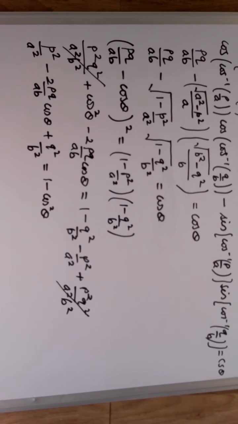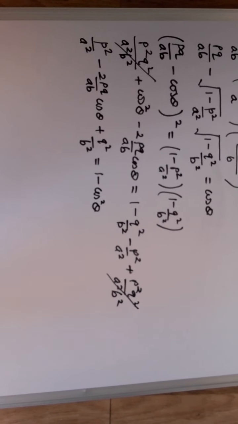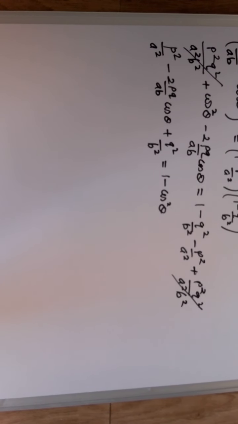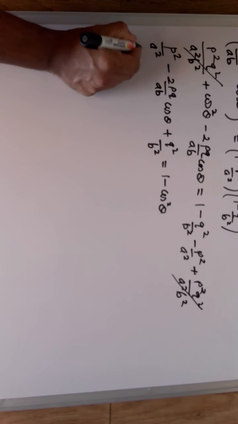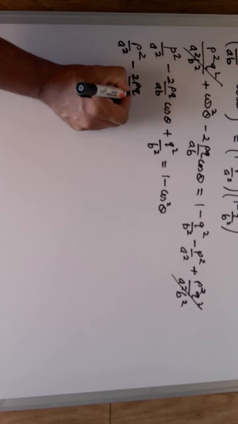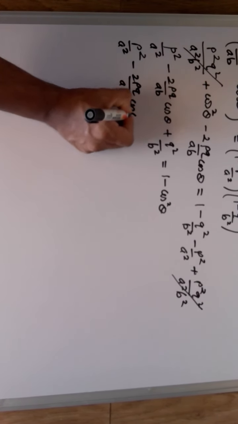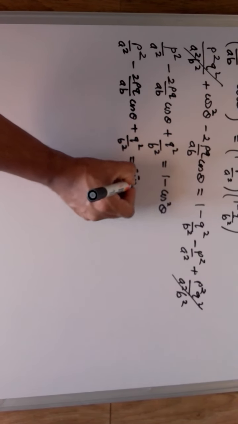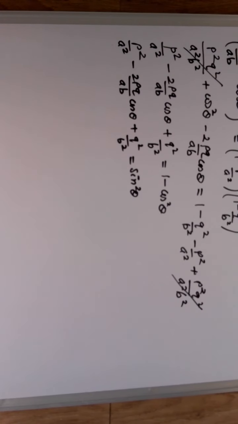So directly I will get here p square by a square minus 2pq by ab cos theta plus q square by b square is equal to sin square theta. I will read actually what was the expression given in the equation.